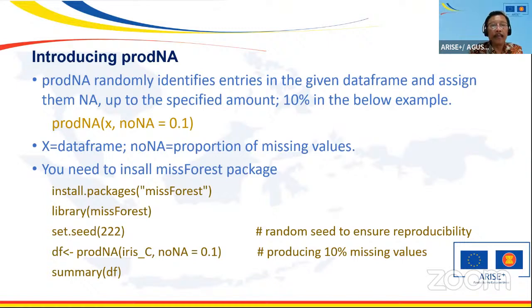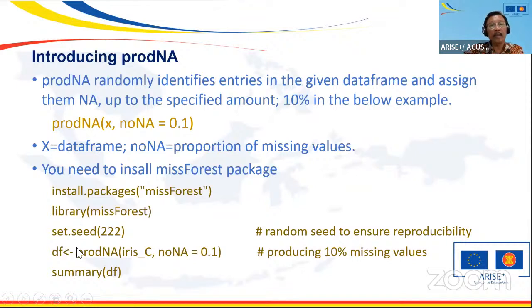Because if you don't have this, or when you change this, the selected cells that you assign the NA to will be different when you repeat it.